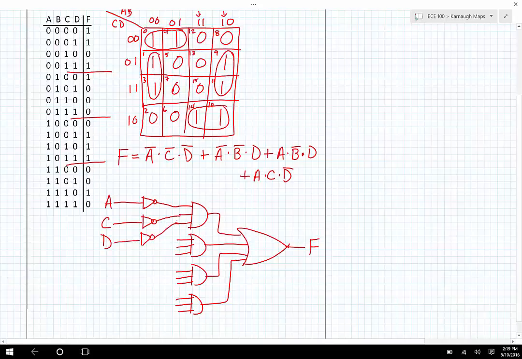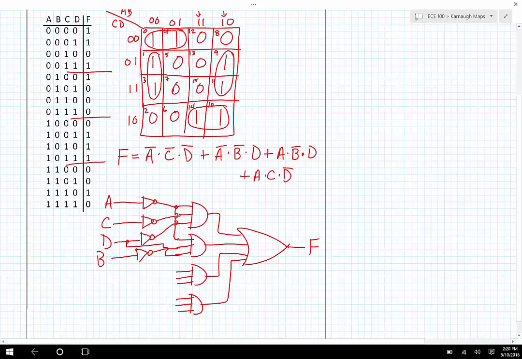I have not A, so I'm going to come down here, skip over, come into there. Not B. Oh, that's the first time I'm encountering B, so I need to invert it, and that'll go into there. And D. So I'm going to go ahead and grab D here, scoot in between there, come down and come into there. A and not B.